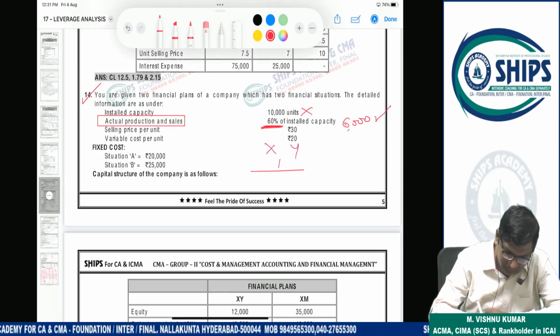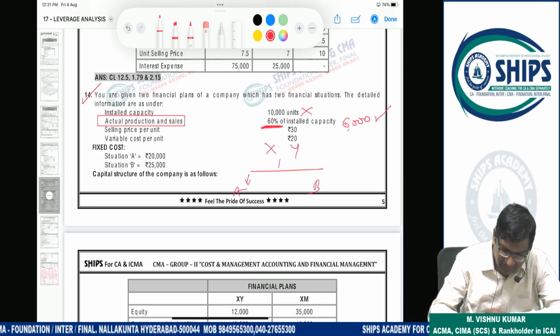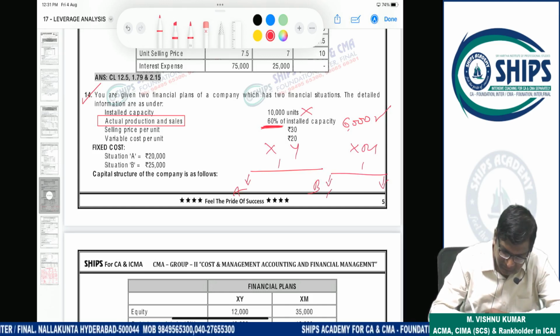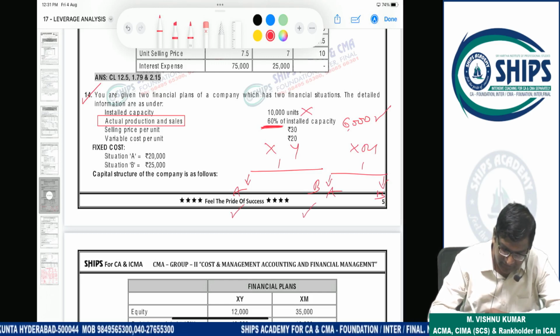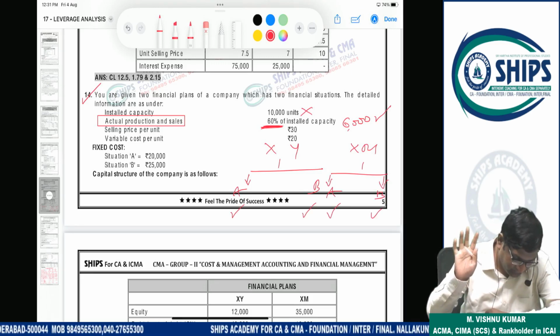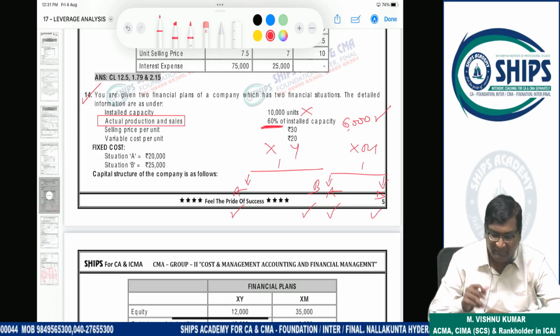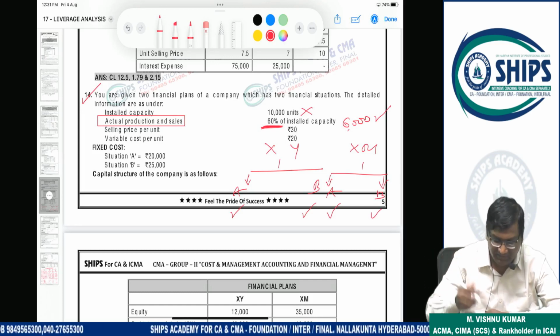In this I will use two situations, A, B. Then financial plan XM. In this I will use two situations, A, B. It means total how many calculations do I have to make? 4. XY में 2, XM में 2. Understand?